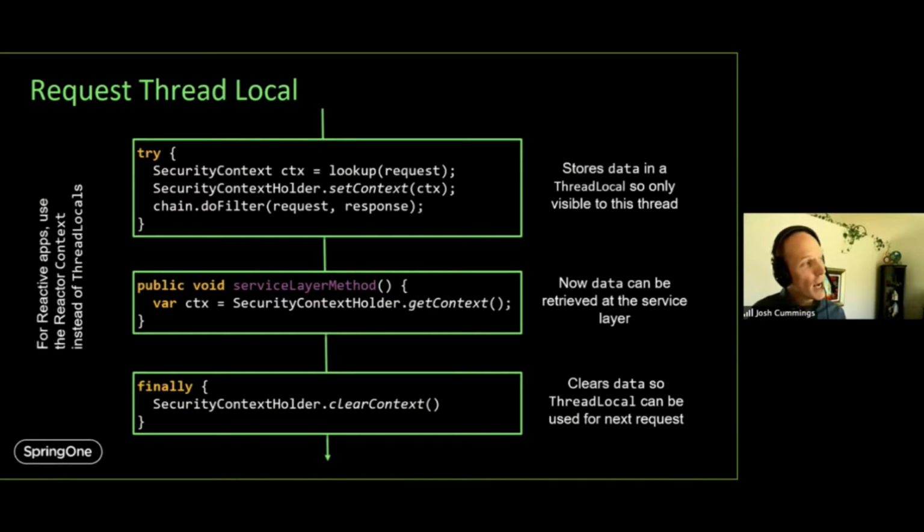As a note, if you're using reactive applications, it's a little bit different because thread locals don't work super well with reactive applications at this point. So the recommendation is that you use Reactor's context object to do the same kind of thing.